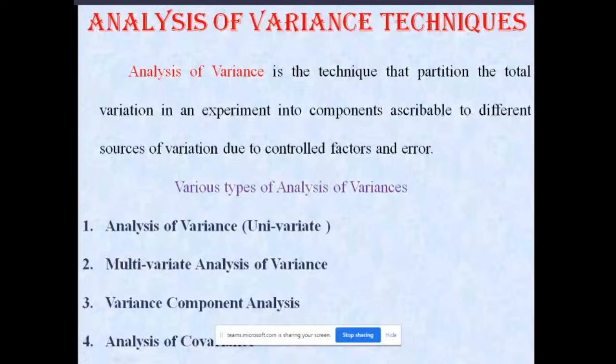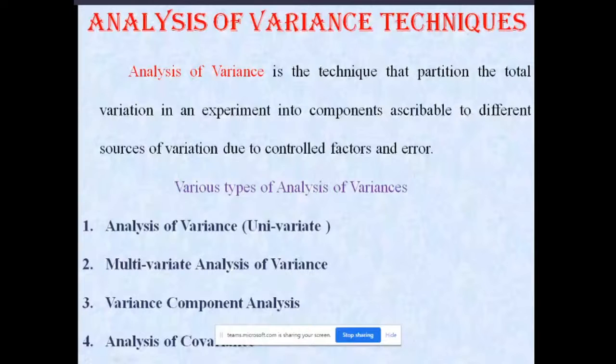And there is another part in the analysis of variance. Along with the observation, some other independent variable is also observed; in those cases you go for analysis of covariance. So these are the major four parts of analysis of variance.